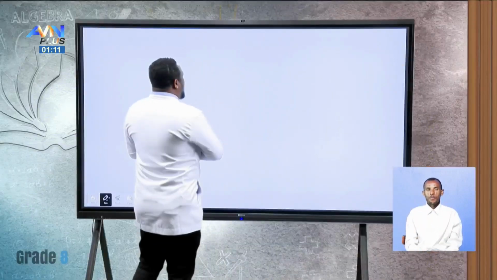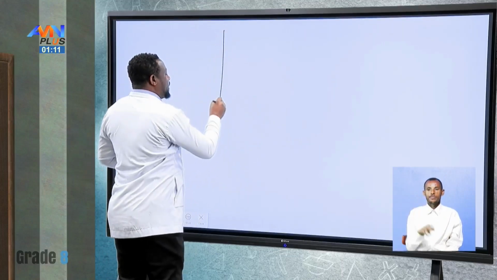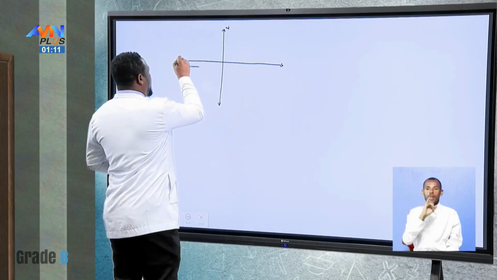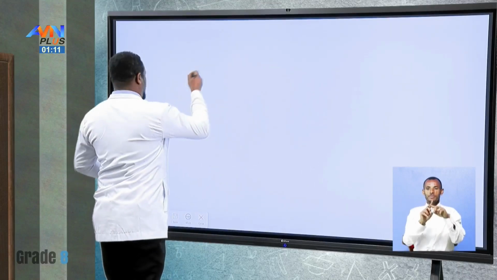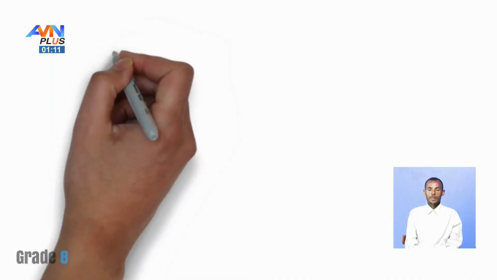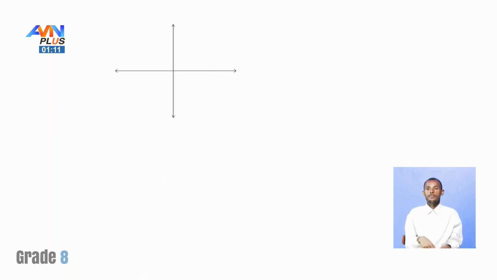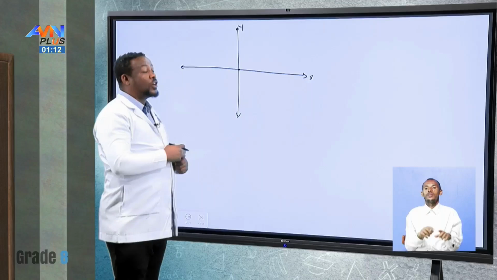Good. So in our discussion in our previous lesson, we have also seen the 4 quadrants, right? Say the vertical line is the y-axis and the horizontal line is the x-axis. Okay, so the vertical line is the y-axis, and the horizontal line is the x-axis, and the point where these 2 lines intersect is called the origin.